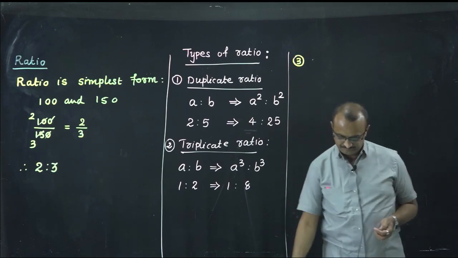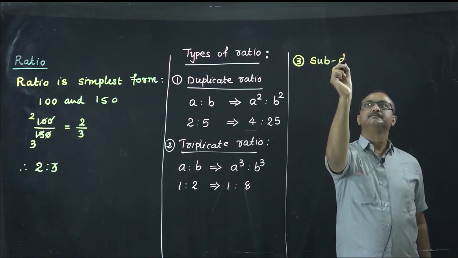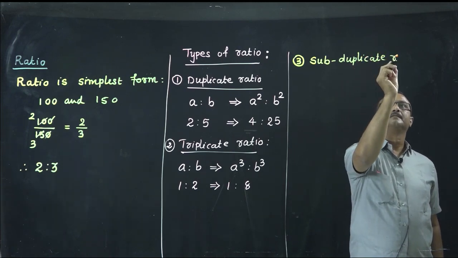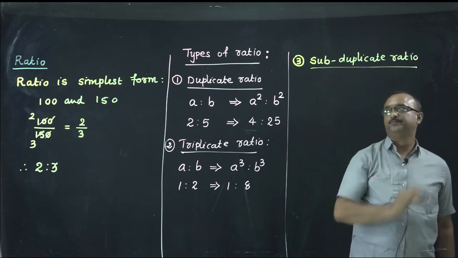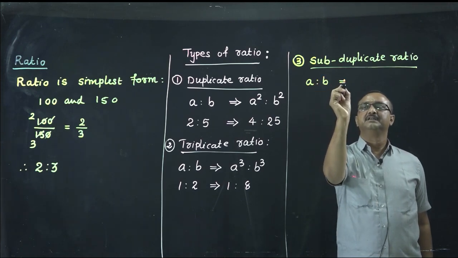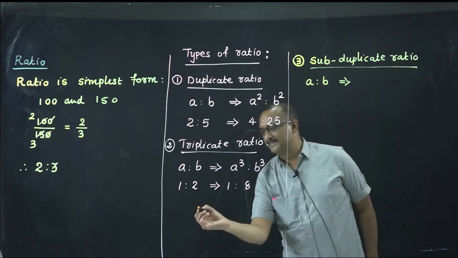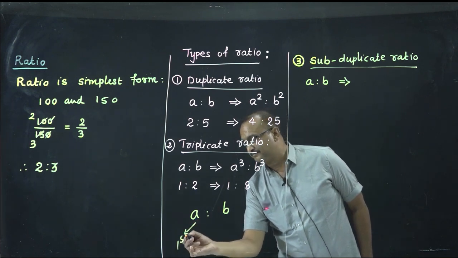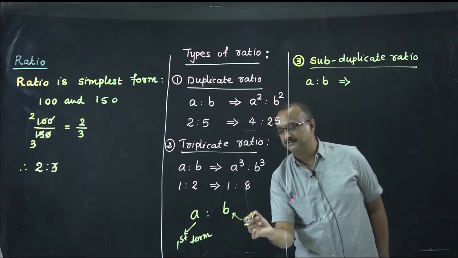Okay. Now, next one, number 3, subduplicate ratio. If A and B are two terms, and one more thing, if we are taking two terms as A is to B, this is called the first term and this is called the second term.